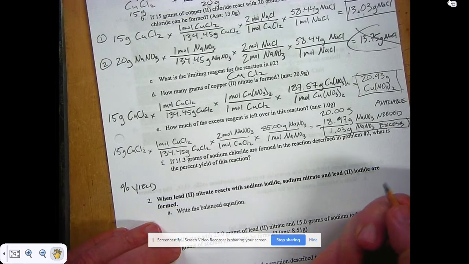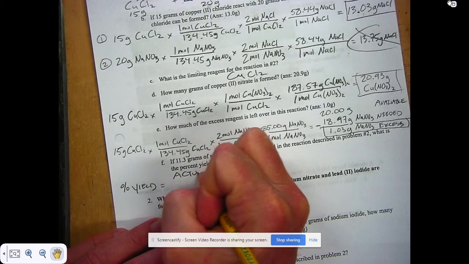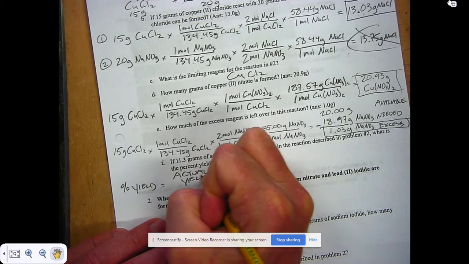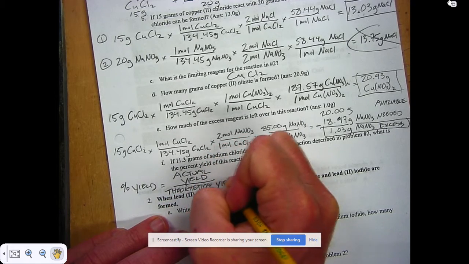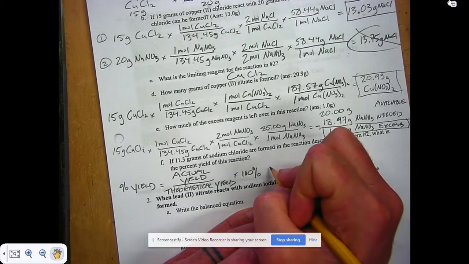So we call that percent yield, and it's equal to the actual yield divided by the theoretical yield times 100%. It's just like calculating your grade.